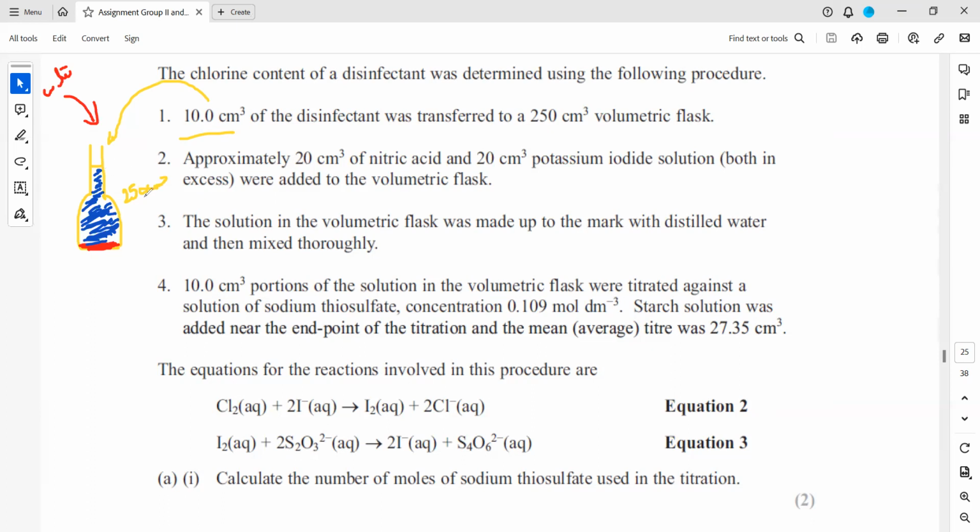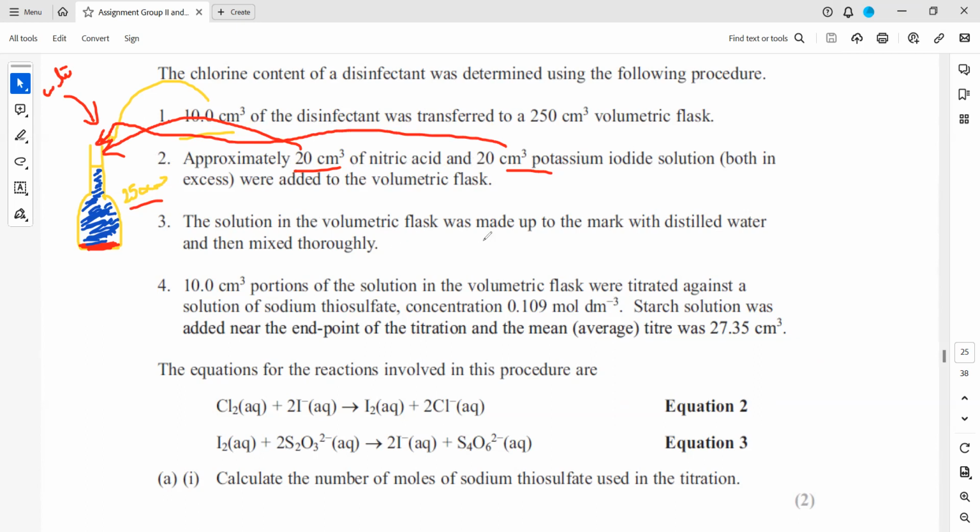Then after making this solution up to 250 cm cube, we take approximately 20 cm cube of nitric acid and 20 cm cube of potassium iodide. Both were added to the volumetric flask, plus the water, since we want to make the total volume 250.